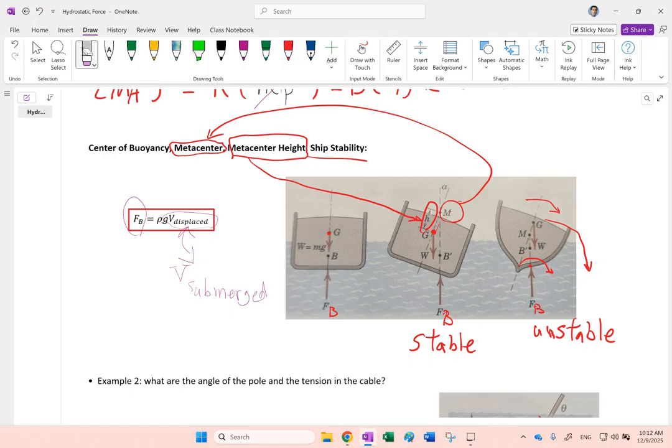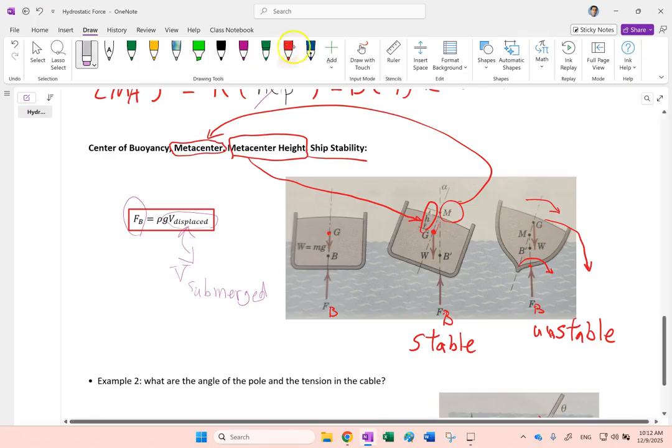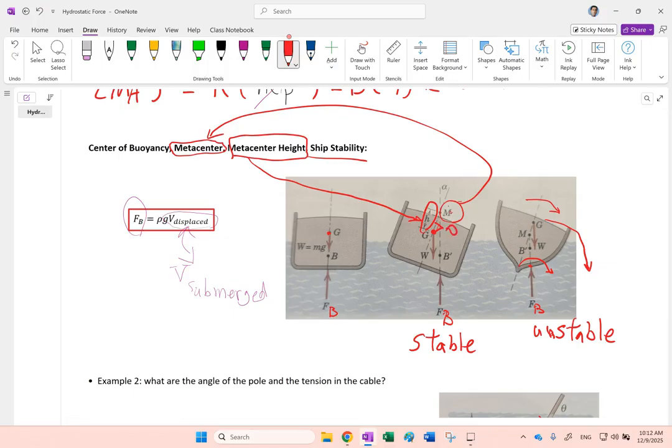Now look, in this case, your metacenter height is a positive number because the M is above the G. In this case, if you look, your metacenter is below the G, so this h, in this case, I can say is negative. So based on the height of the metacenter, whether it's below or above, you can see if the ship is stable or not.